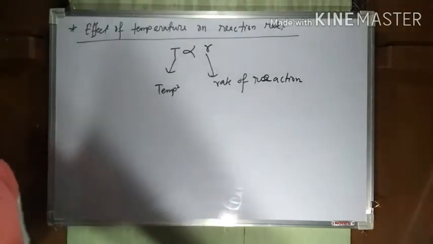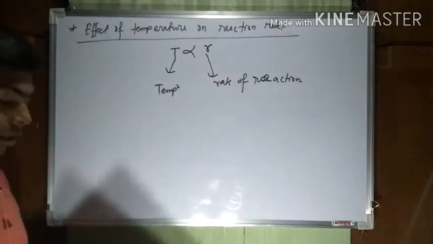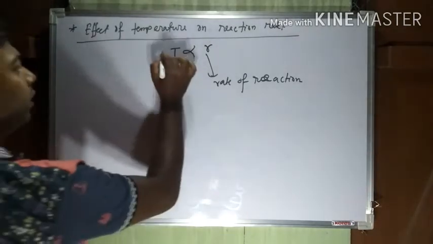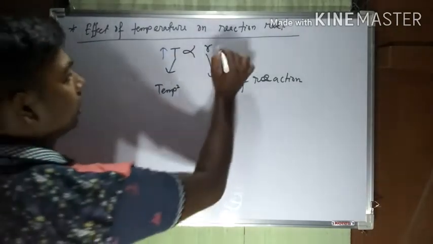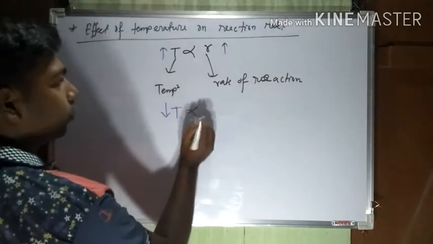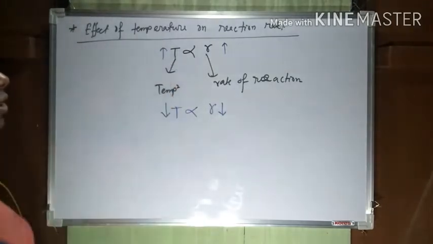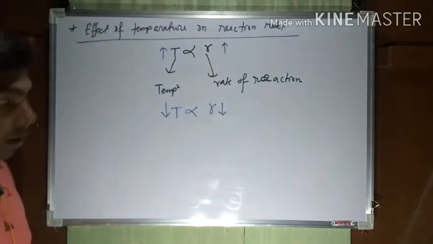That means we can say temperature is directly proportional to reaction rate. If the temperature increases, then obviously R also increases. If the temperature decreases, obviously R should decrease. That's why it is directly proportional.